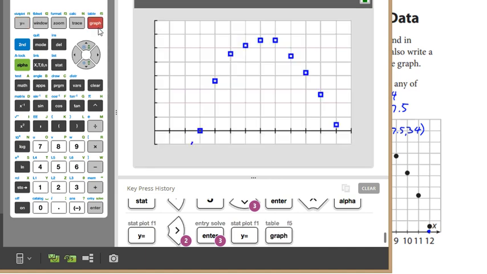Graph. So this is the one the calculator figured out, and you see it's shifted a little differently.